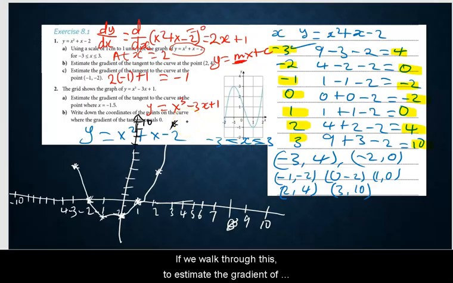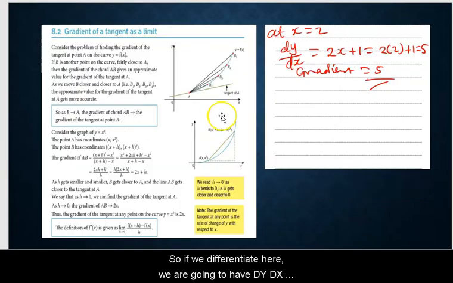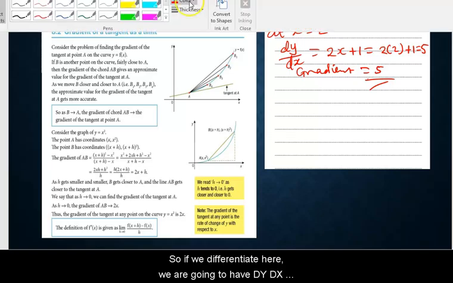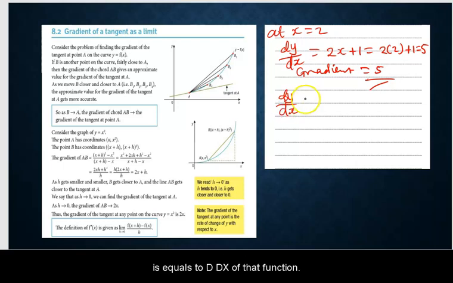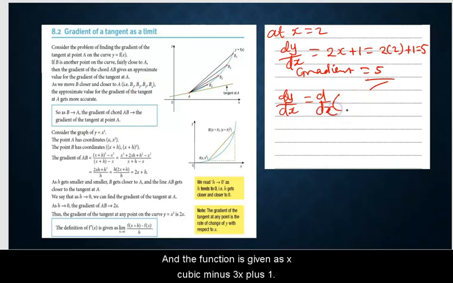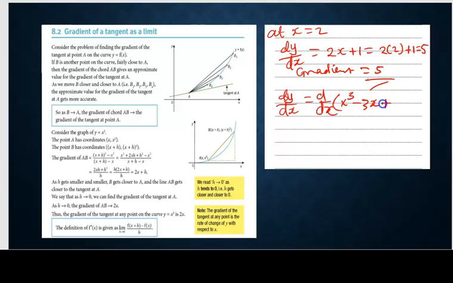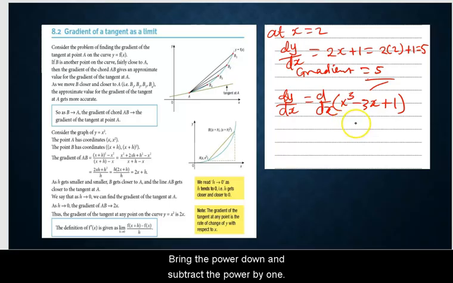If we walk through this to estimate the gradient of this tangent, we first need to differentiate. So if we differentiate here, dy/dx is equal to d/dx of that function, and the function is given as x cubed minus 3x plus 1. Again, apply differentiation, bring the power down and subtract the power by 1.